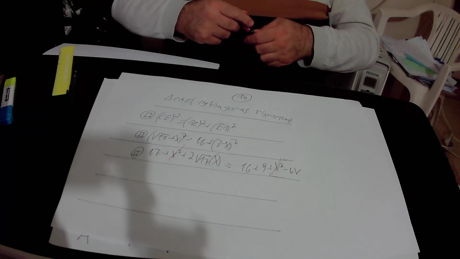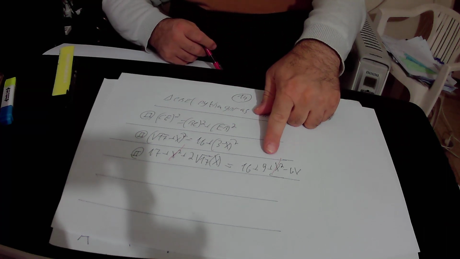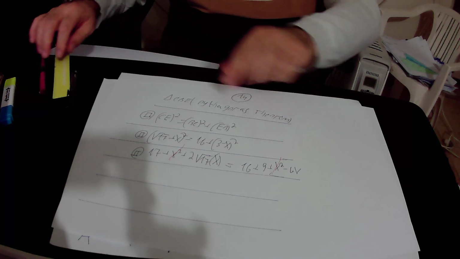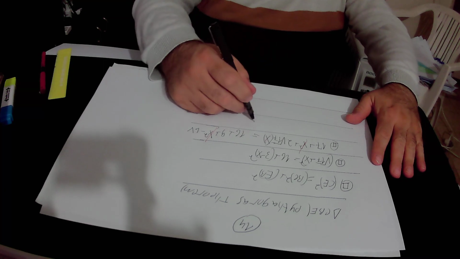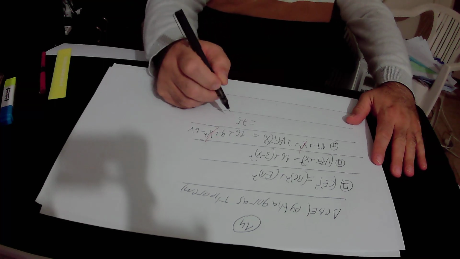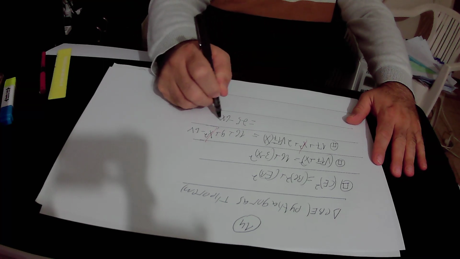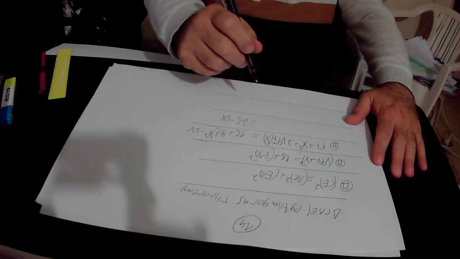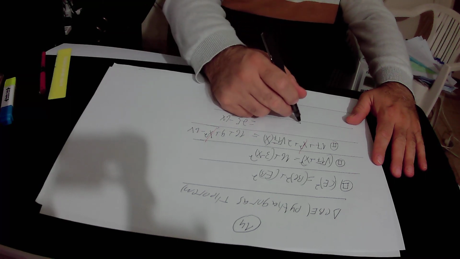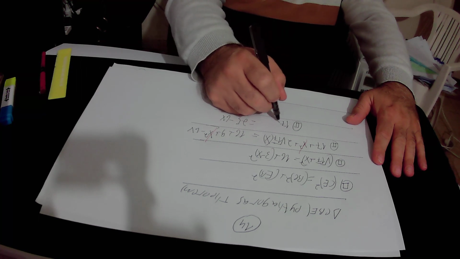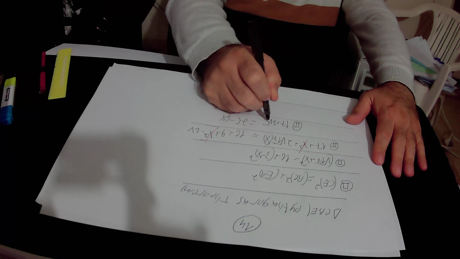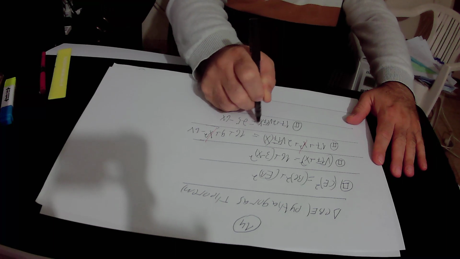And here 16 plus 9 is 25, so I write it down. 25 minus 6x equals 17 plus 2 times square root of 17 x.